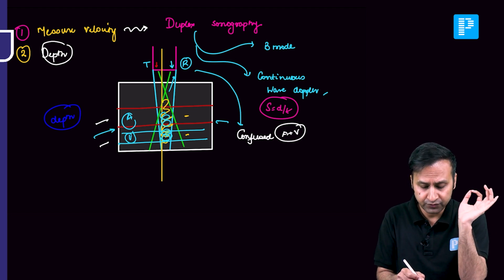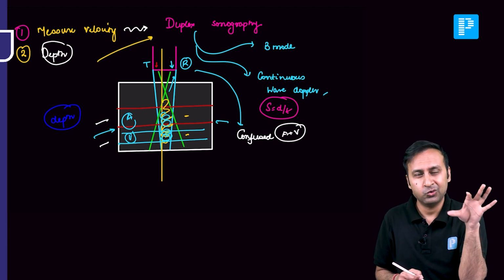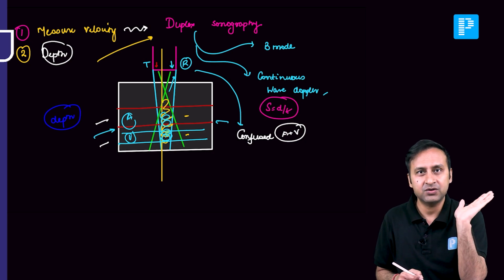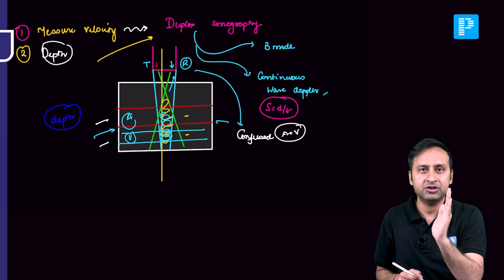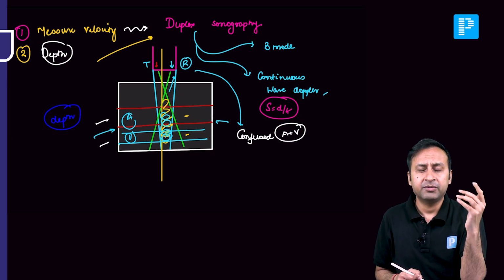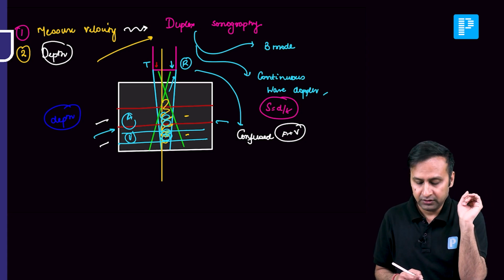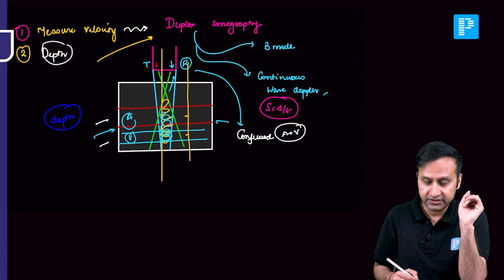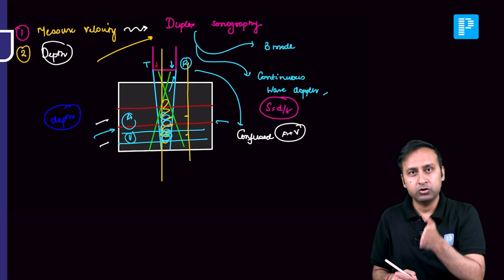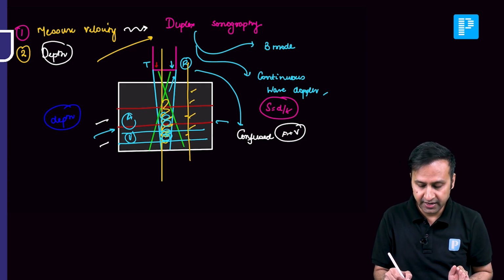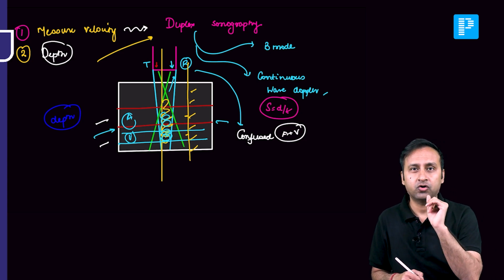But don't get confused with this duplex sonography. Here also we are looking at an image of the artery as well as the vein. On a B-mode sonography, we're getting an image. We don't know what is artery and what is vein, because on a B-mode sonography you cannot tell exactly. However, when we're taking the Doppler signal, you're taking it all throughout this particular length. The entire length is being used for getting a Doppler signal.